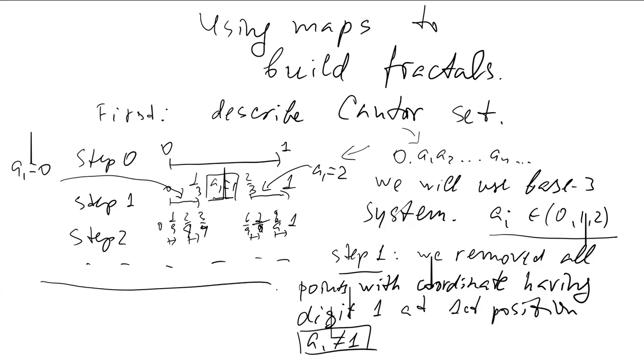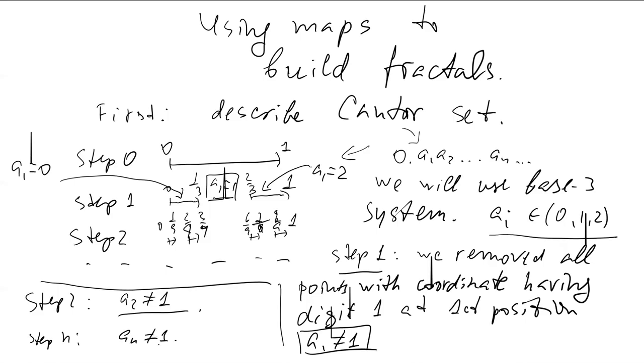If we consider step 2, we will see that all numbers with A2 equal to 1 are removed. So A2 now is not equal to 1, in the points in the remaining segments, and so on. So at step n, An is not equal to 1.